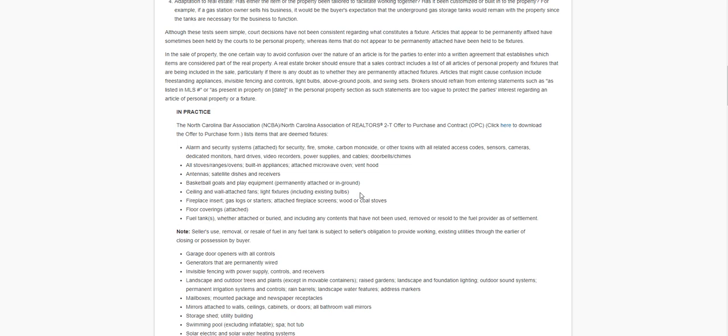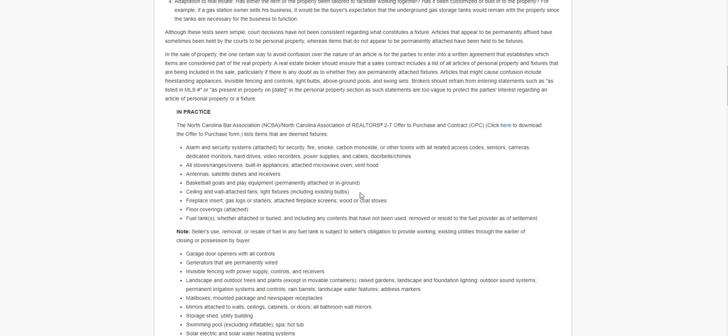Alarms, security systems, range stoves, antennas, basketball goals permanently attached or in ground. Attached microwaves, built-in appliances. Anything that looks like it has intention to stay is probably going to stay. You should ask, though.